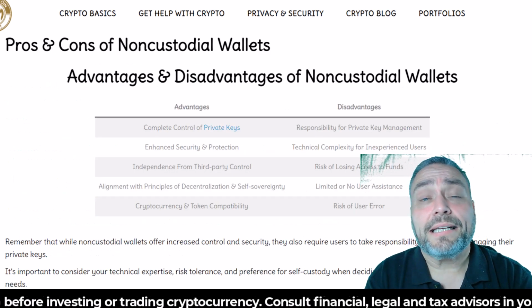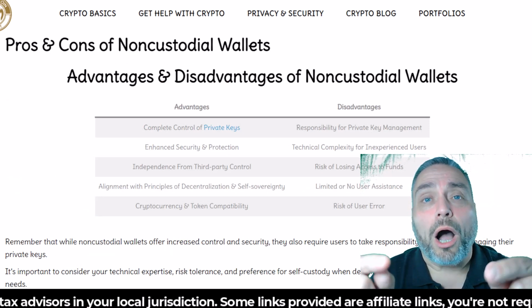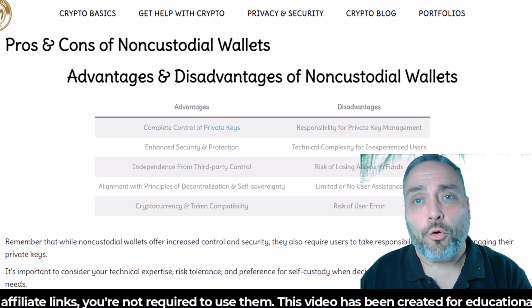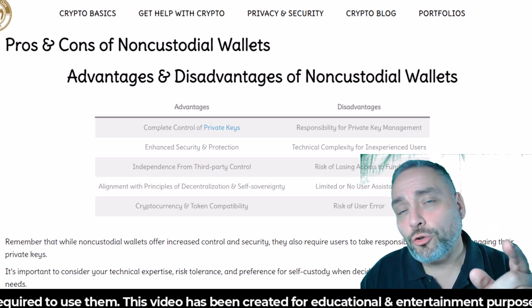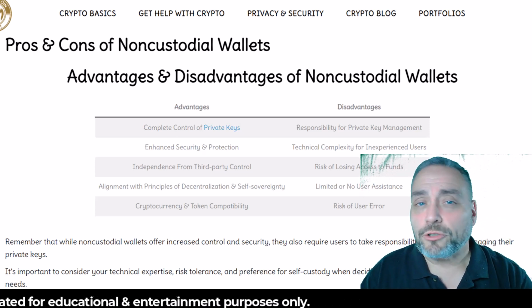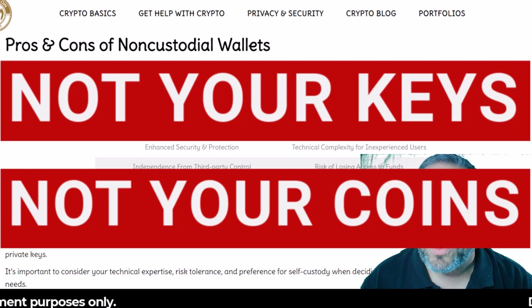The biggest advantage to using a non-custodial wallet is you are in control of your private keys. You are your own bank. You will be able to do whatever transactions you want to do because you have control of your private keys. Again, not your keys, not your coins.